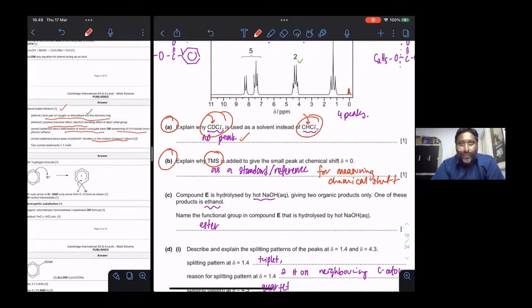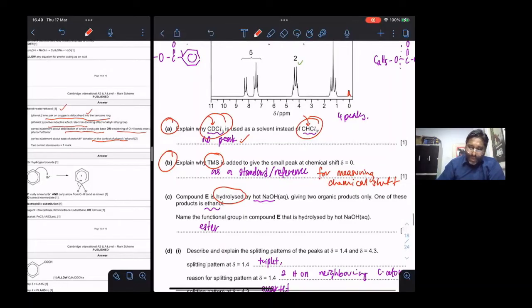Now, compound E is hydrolysed by hot NaOH. Normally when you say hot NaOH, this is going to be a hydrolysis reaction. So normally we try to break the bond, which is going to be the amide bond, or we try to break the ester bond over here.